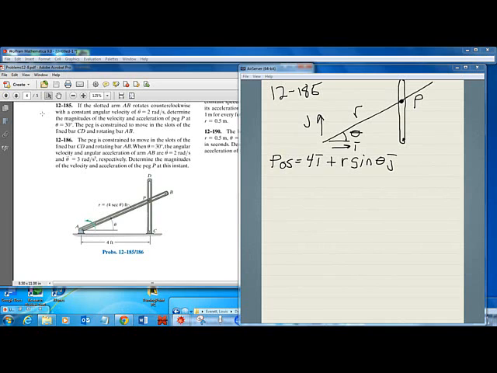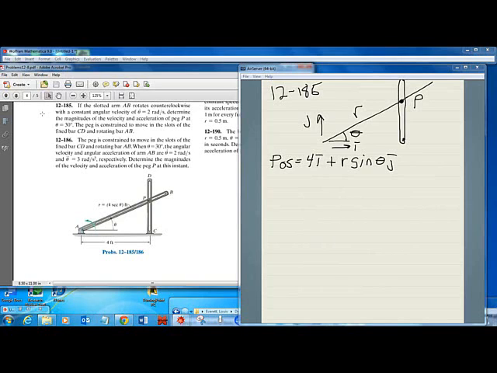Okay. Now, what's a variable in here? What changes? Does 4 change? Theta changes, right? What about the R? Does it change? Yeah, it does, right? Because as it goes up, doesn't this distance get a little further?